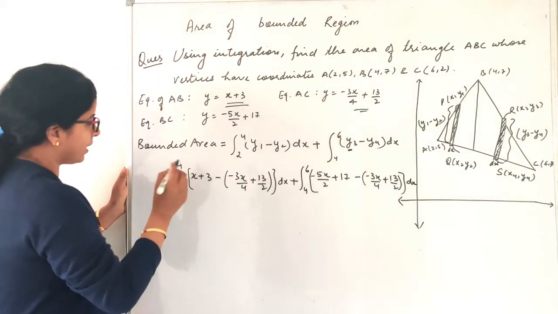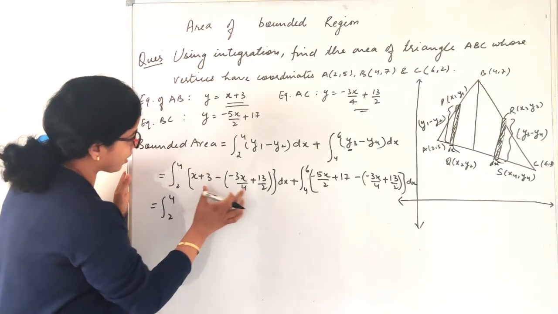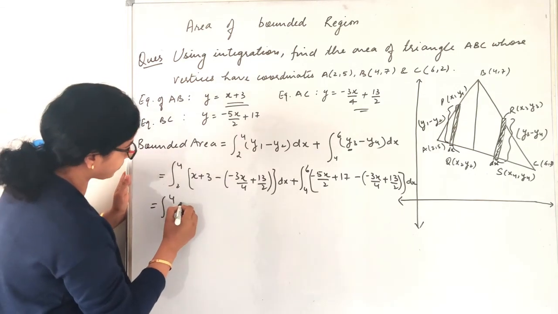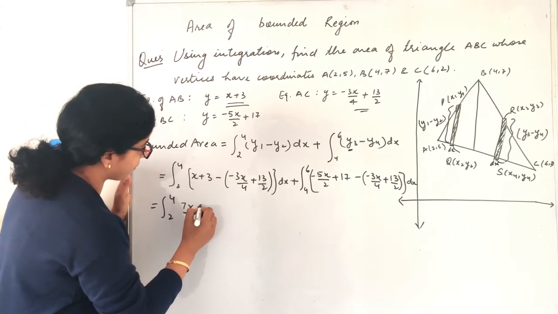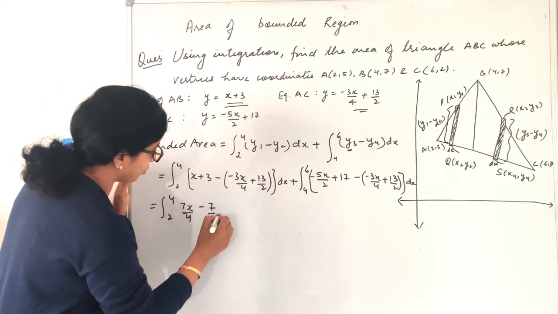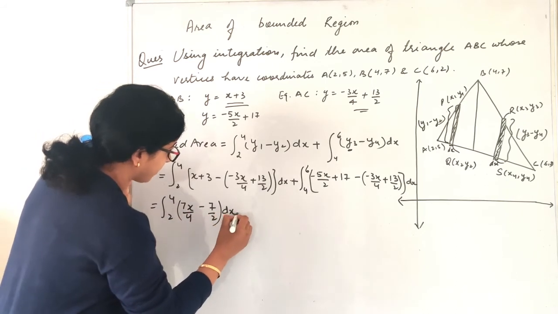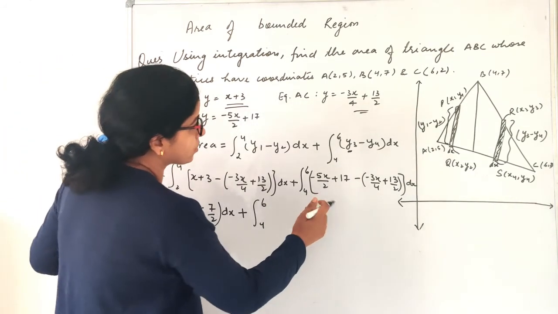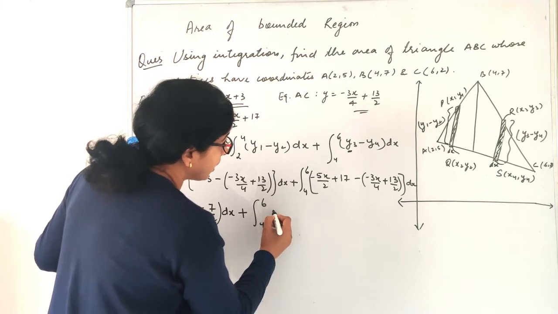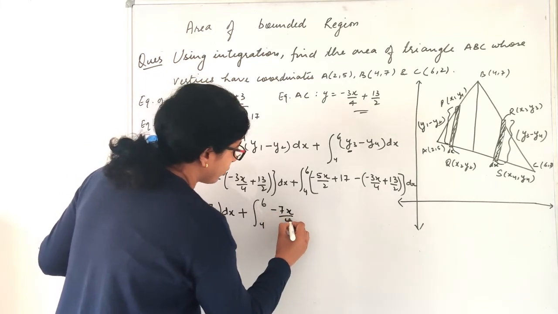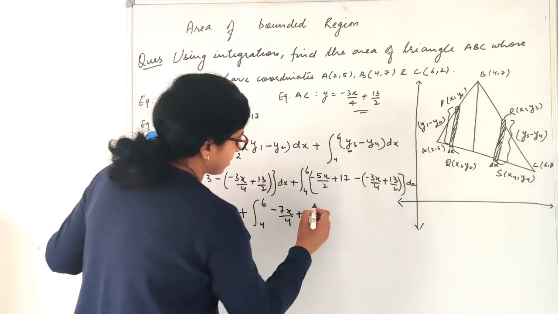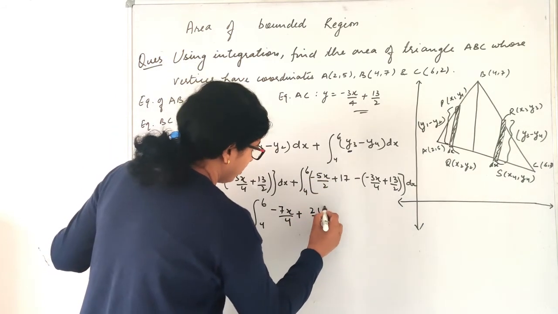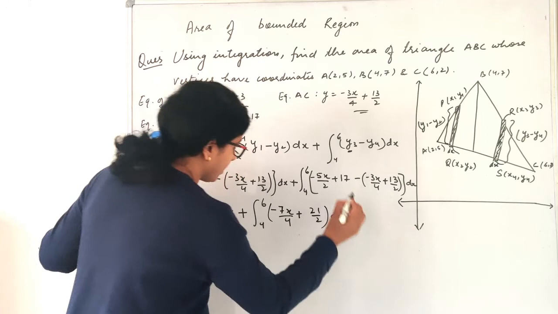Okay. Now let us solve it. So if we solve it, we will get 7x by 4 minus 7 by 2 dx, right? So now let us solve this. So we will get, after solving, minus 7x by 4 plus 21 by 2 dx, right?